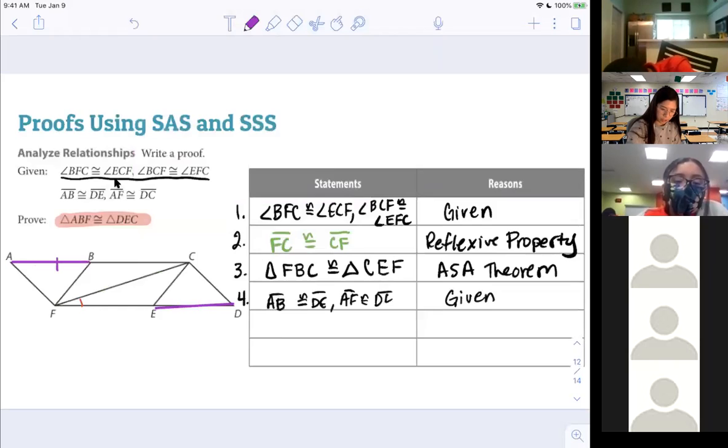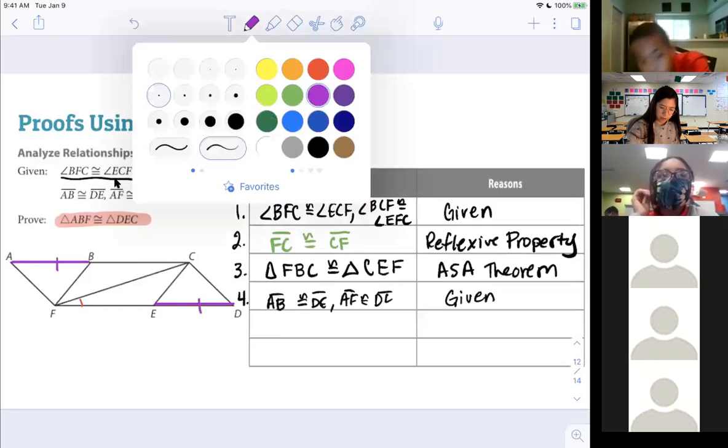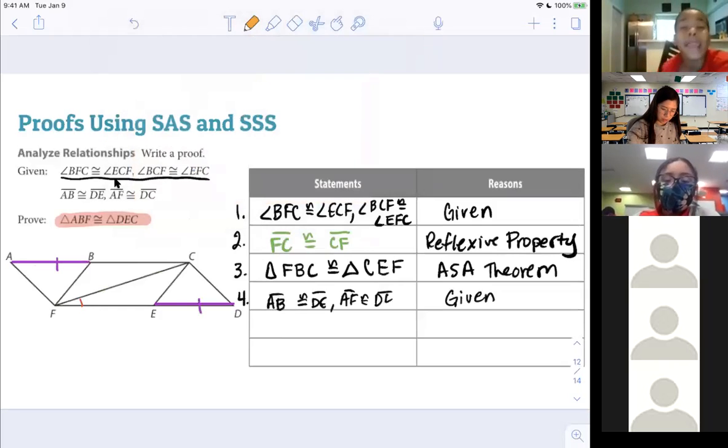And then AF is congruent to DC, right here. Okay.